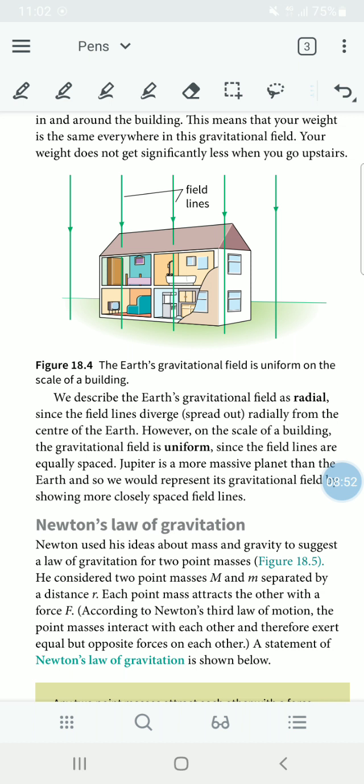As a result, field lines are spread apart. I hope you understood. If you have any questions, please raise them.